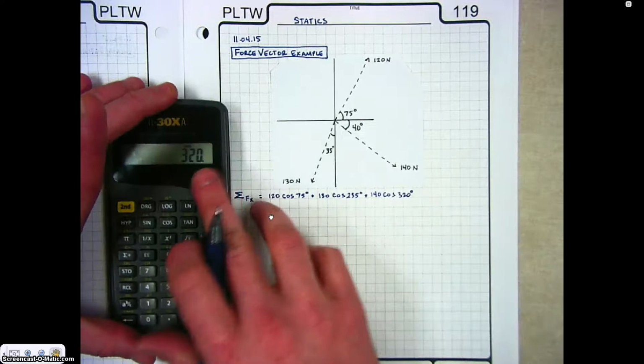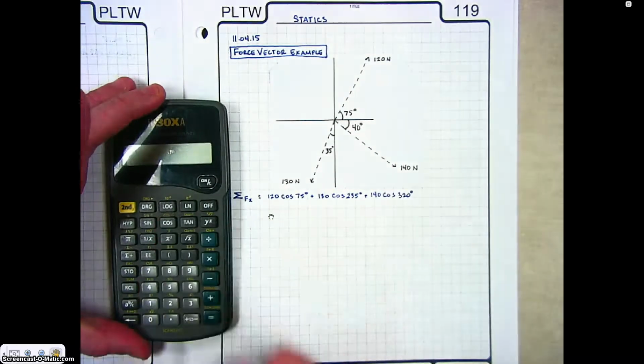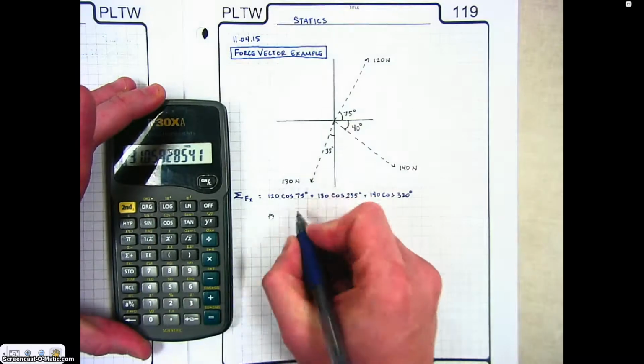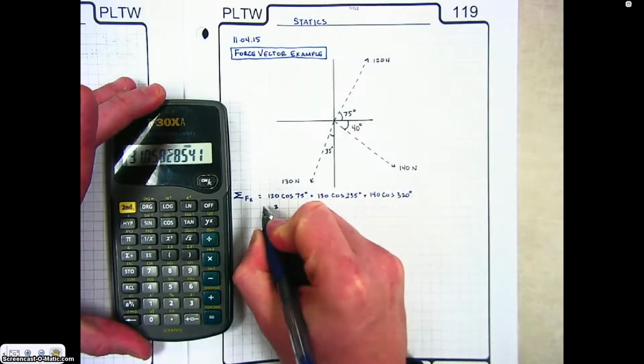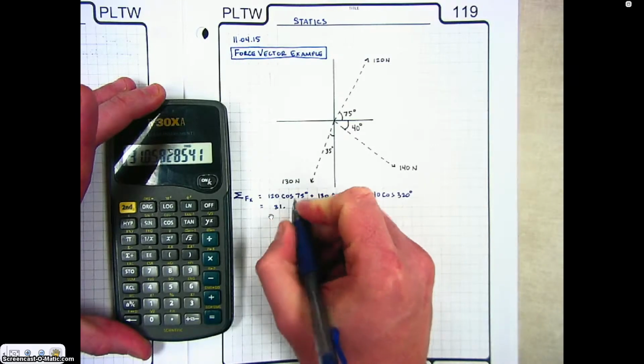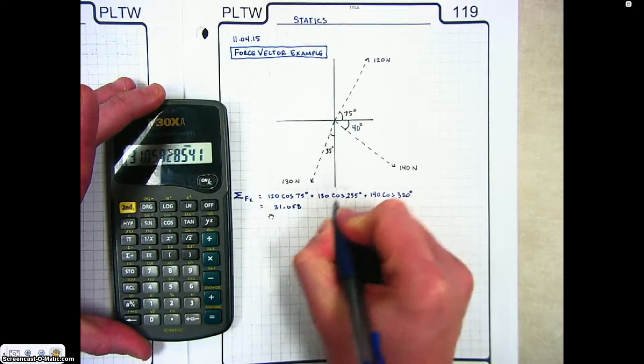To do that on my calculator, I'll take 75, hit cosine, then multiply that number by 120. And I get 31.058, or something close to that.